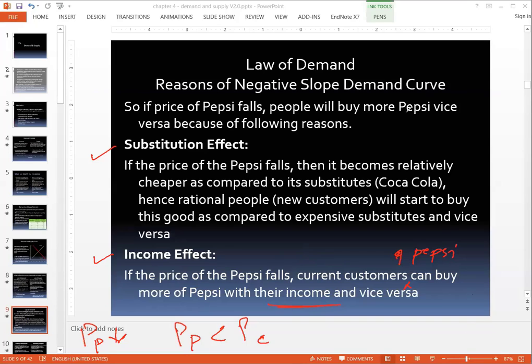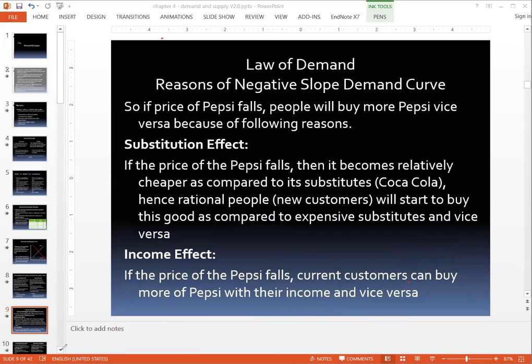So this is the reason why there is an inverse relation: there is a decrease in price and an increase in quantity demanded. There are two ways it could be explained. Okay, so let's move forward.